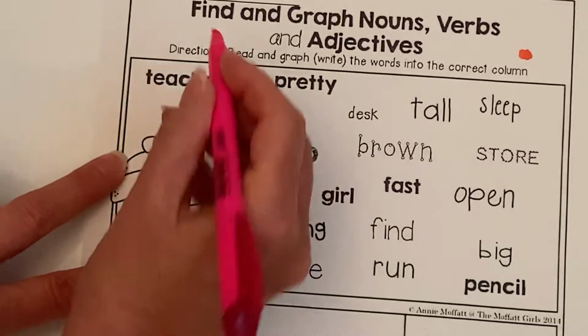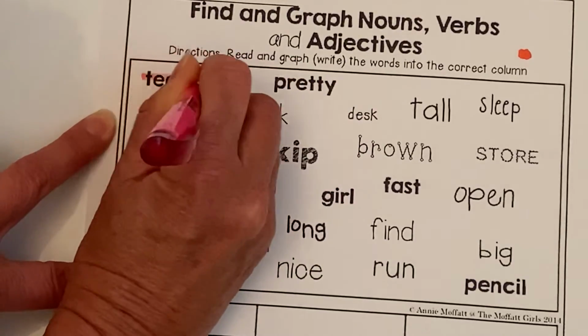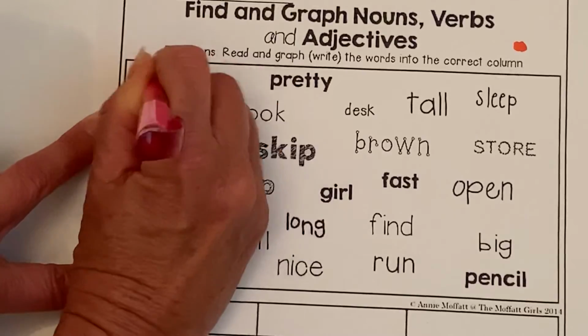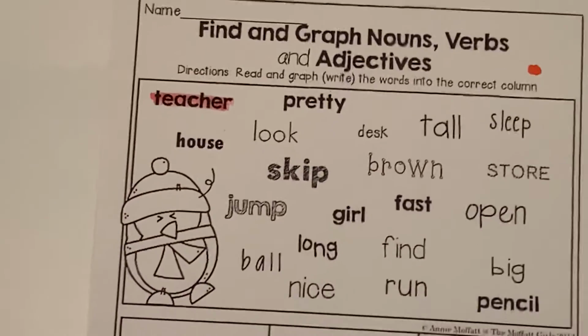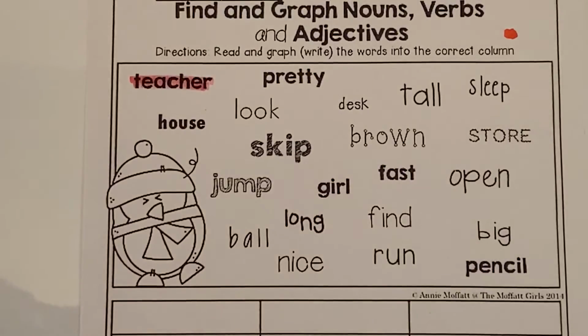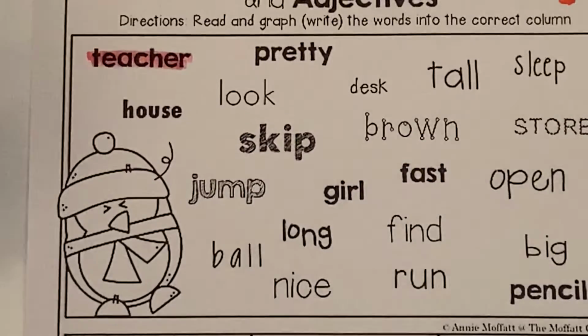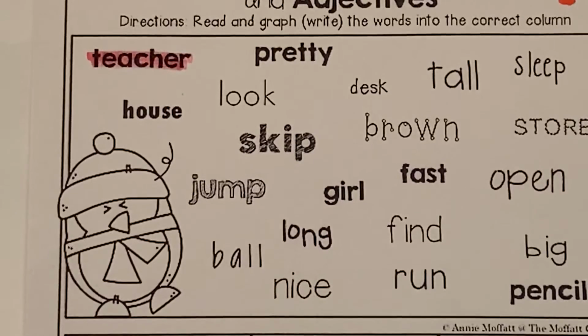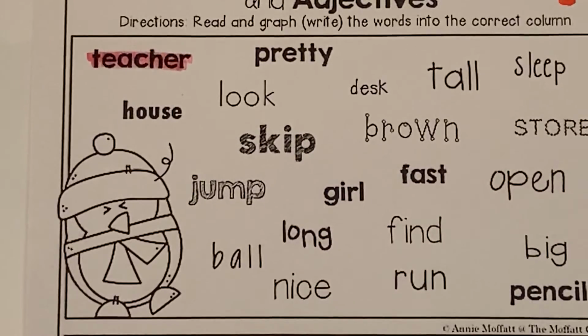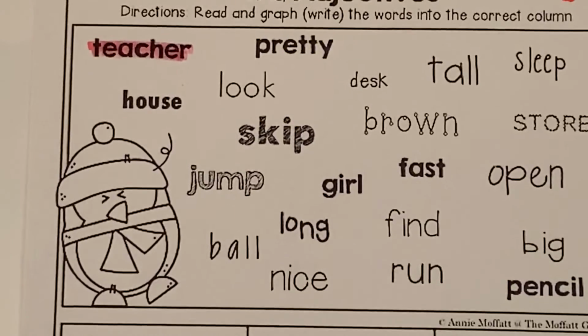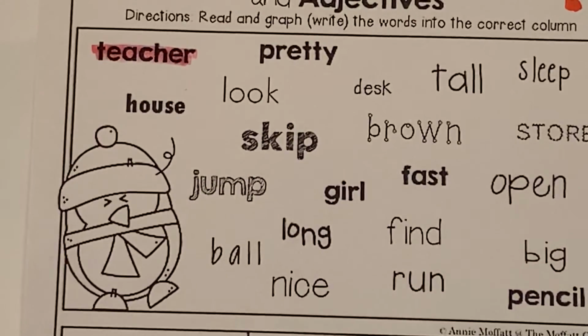So let's go ahead and highlight the word teacher. Okay. Let's go to the next word. Pretty. Now, is a word pretty a person, a place, or a thing? No, it's not a noun, so we're not going to highlight that one. We're going to leave it alone.